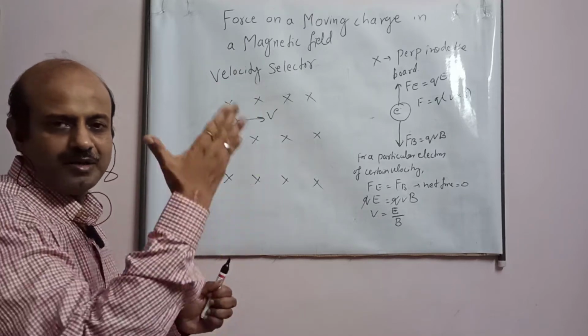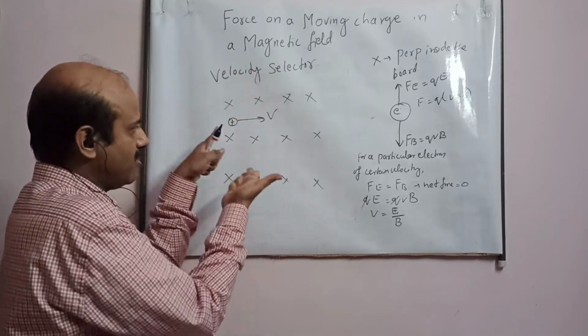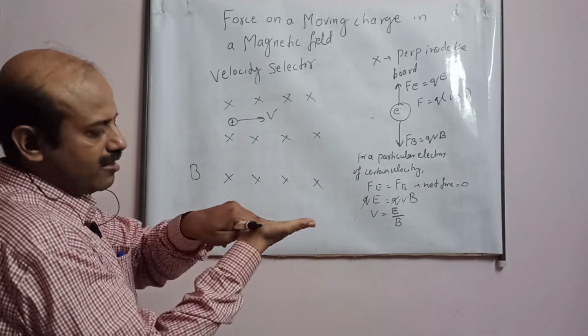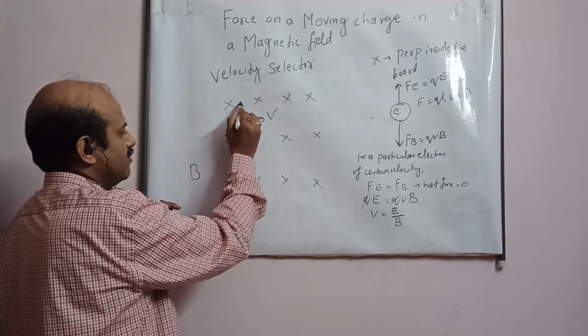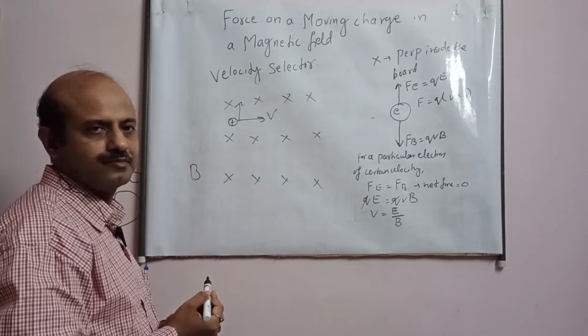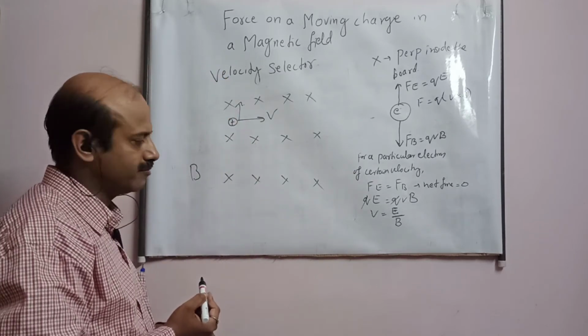Very simple, student, use your right hand. This is the first vector, velocity. This is the second vector, inside the board. Force is in the upward direction, student.